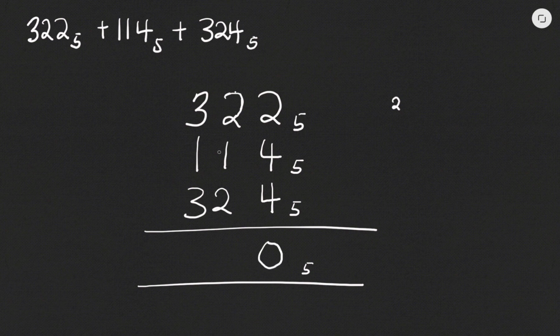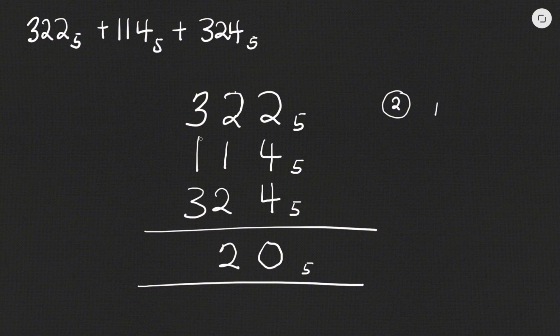So we have 2, 1, and 2. So 2 plus 1 is 3, plus 2 is 5, plus 2 that we carried initially becomes 7. So 5 will go into 7 once, and it will be left with 2. So we write down the 2 over here, then we carry the 1. So I move on to the next digit.